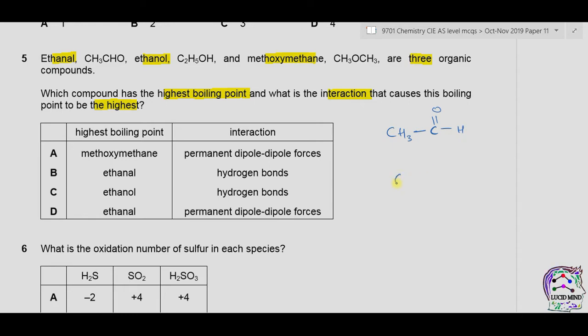Second is C2H5OH. Third is CH3, oxygen, CH3. As we can see, in alcohol, electronegative oxygen is directly bonded with partial positive hydrogen. So therefore hydrogen bonding will take place in this compound.